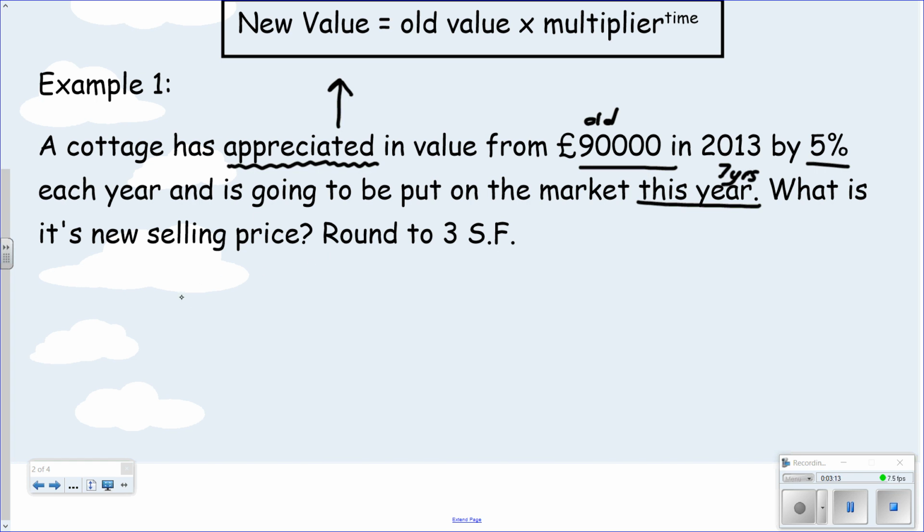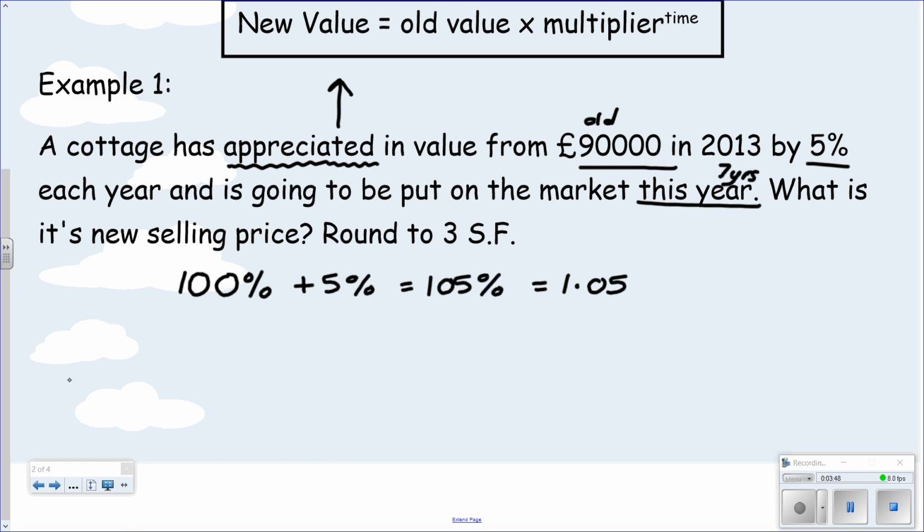So we're appreciating, so we're going up. We want to think, right, well, the house used to be 100%, but we are increasing, we're appreciating, so we're going to add on that 5%. And our new value will be 105%. But remember we want to convert that into a decimal, so that multiplier is going to be 1.05.